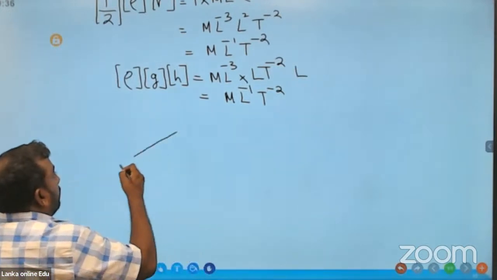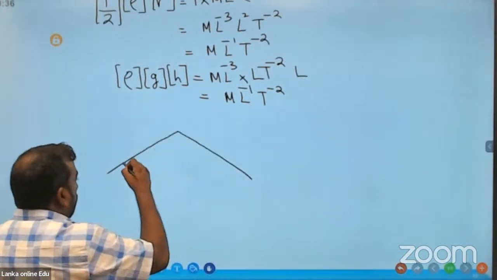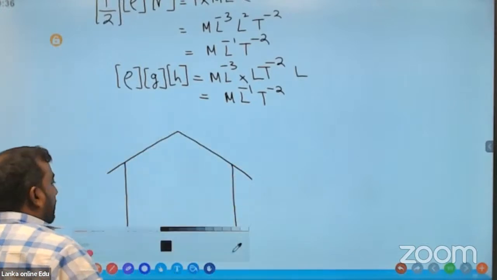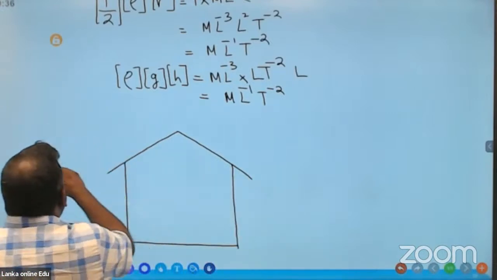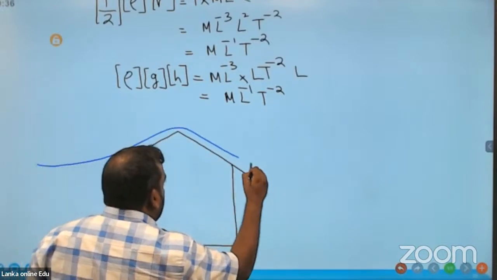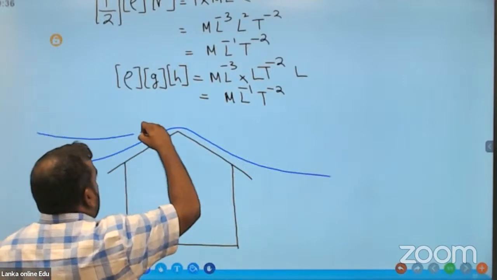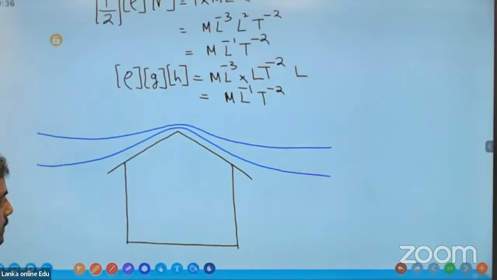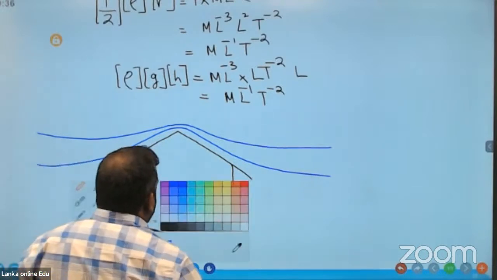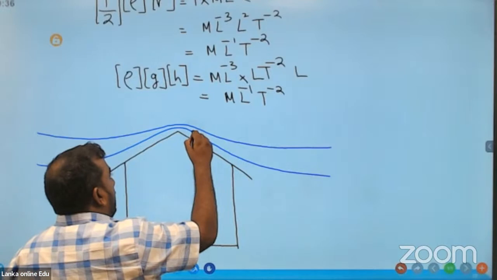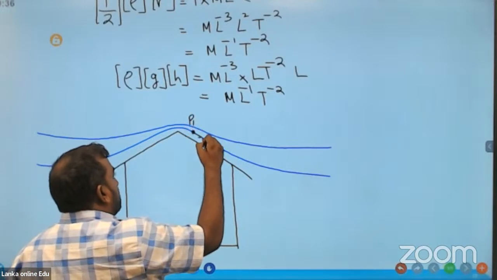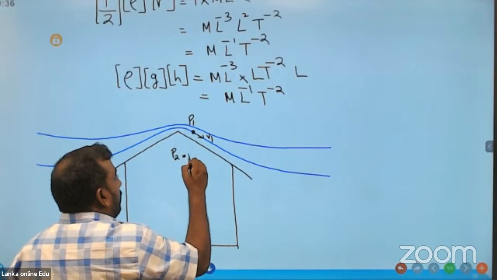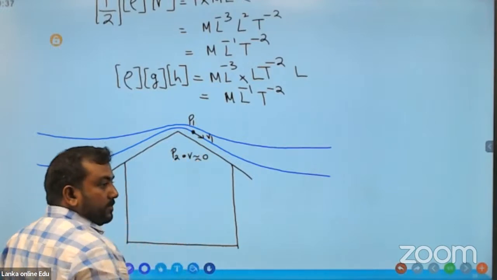So here you have a roof. Now when heavy wind is blowing, you can draw a streamline. It gets very close over the roof and then moves away. If you mark the pressure here as P1, velocity as V1, inside of course pressure is P2, we can say velocity is almost negligible, zero.